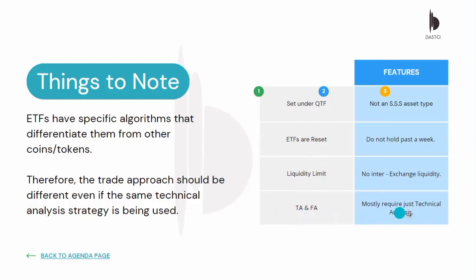Now, ETFs usually require just technical analysis because if you're looking at the fundamental analysis aspects of it, you might just say, okay, you want to go more in depth into understanding the exchange itself, the team behind the exchange itself, but you can't really do fundamental analysis on the ETF token itself because they don't come with white papers or things like that. They don't come with airdrops or something. They are totally different. They are leverage tokens.